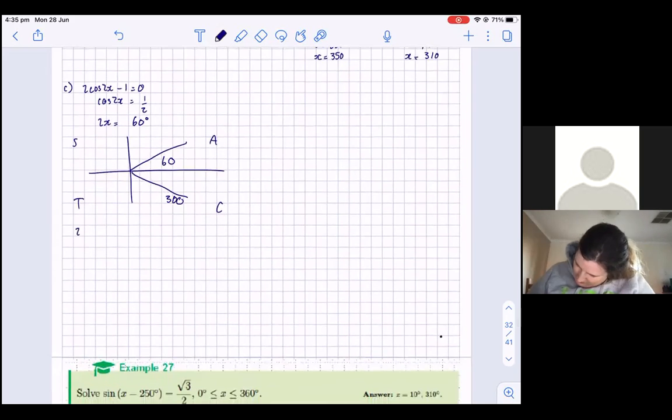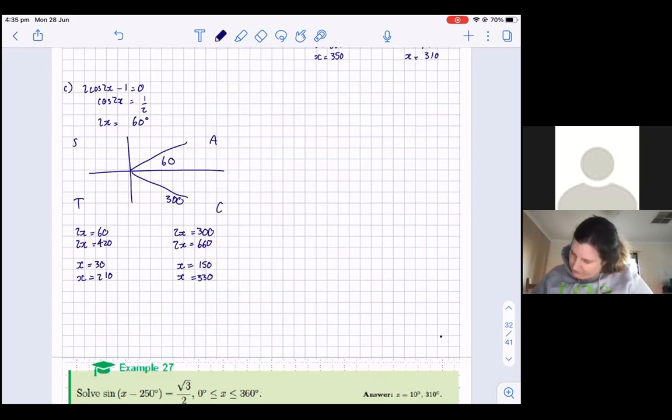So we've got 2x equals 60, 2x equals 300. We want to go twice around the circle, so let's add on 360 to those. So we've got 2x equals 420 is our other one, and we've got 660 is our other one. So let's halve these. So x equals 30, x equals 210, x equals 150, x equals 330.